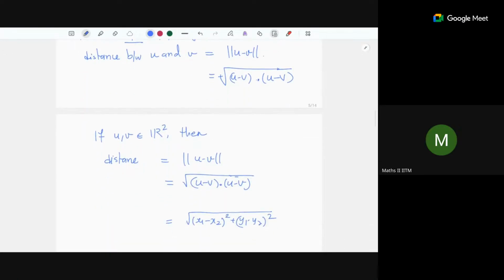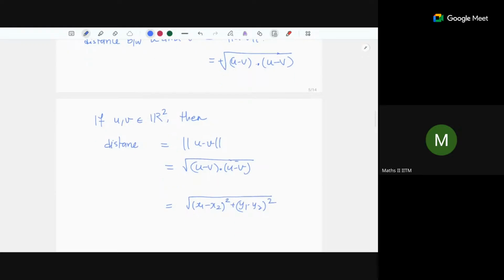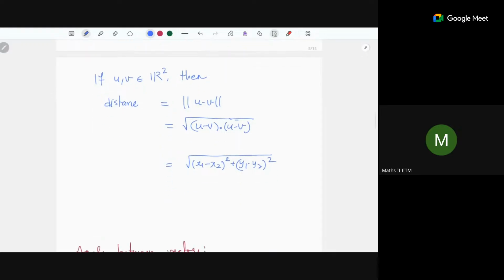Similarly, in R2, if you have, let's say, two vectors U1 and U2, we define the distance between U1 and U2 in the same way, or the magnitude of the vector in the same way. So then it will become U minus V. What is U minus V? If I take U to be x1, y1, and V to be x2, y2, then what is the U minus V vector? U minus V is x1 minus x2, comma y1 minus y2.